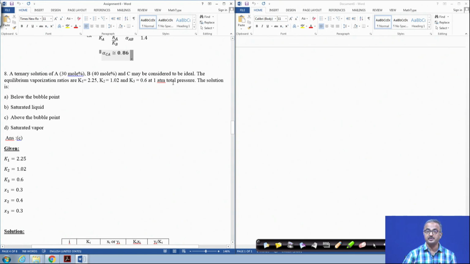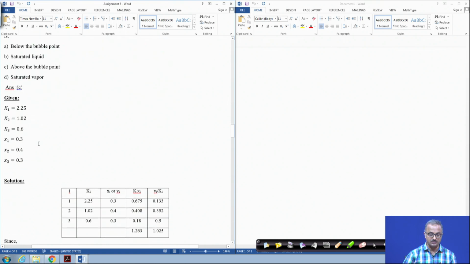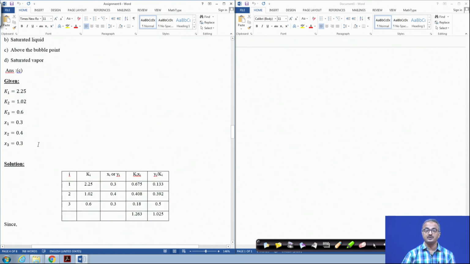The total pressure has also been mentioned, and you were asked to figure out at what condition the solution is. In this problem you have to go back to the lectures and see that there were some conditions given based on the values of Ki, Xi and Yi.